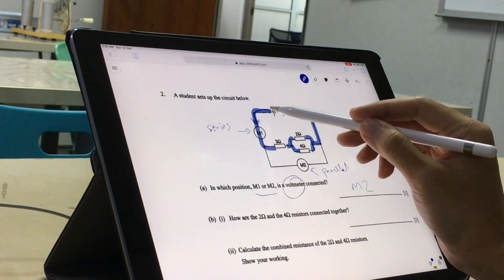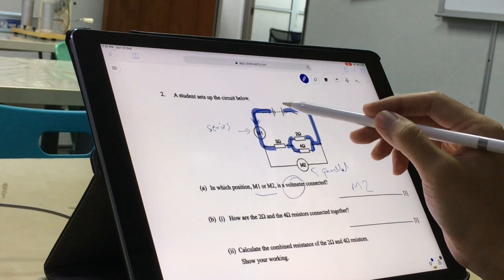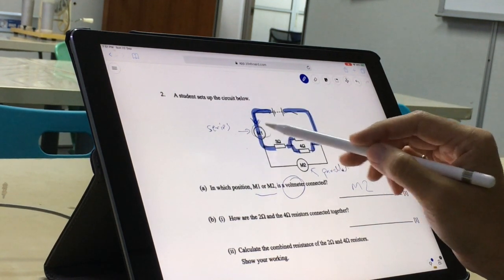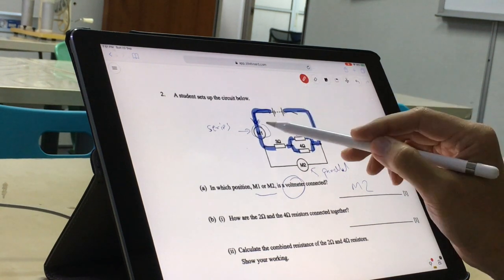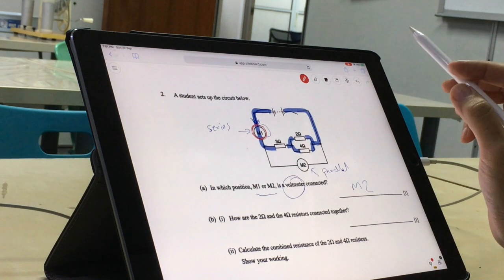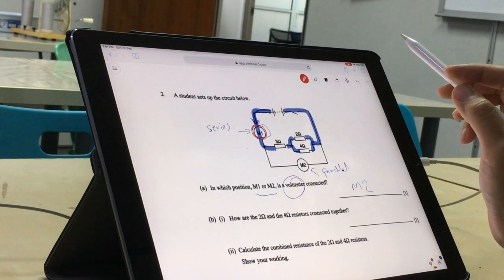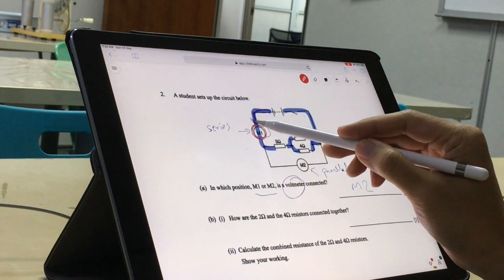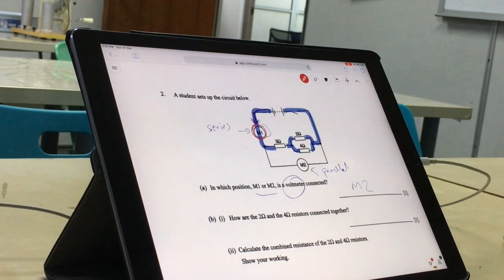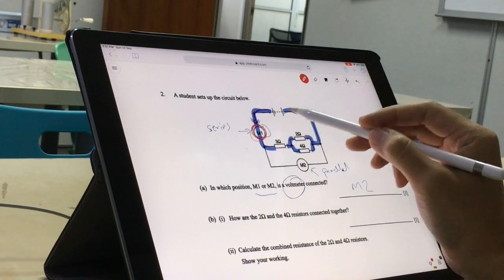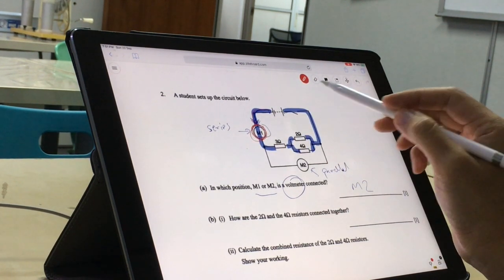Can you see that the blue highlighted part is the current flow? M1 is directly inside the flow. That's where the current will flow. So M1 is inside the flow of electrons.